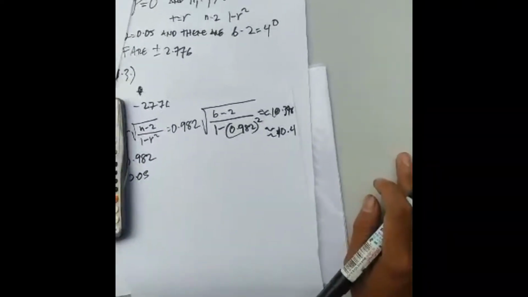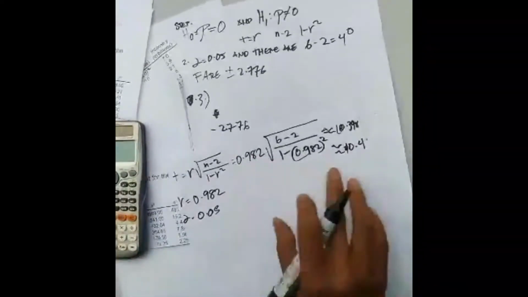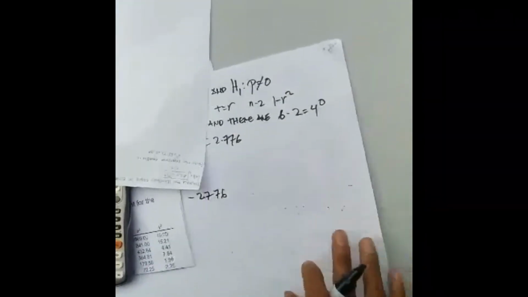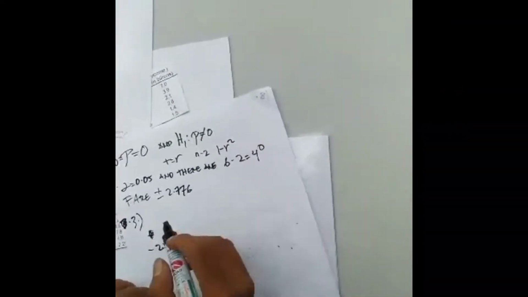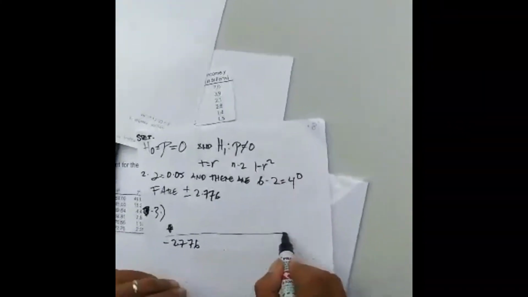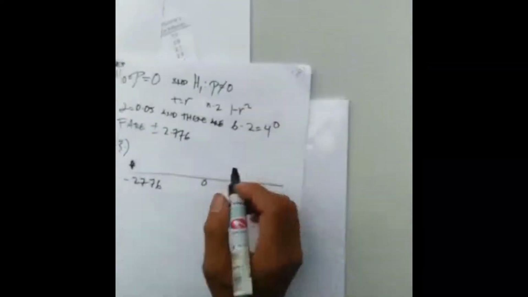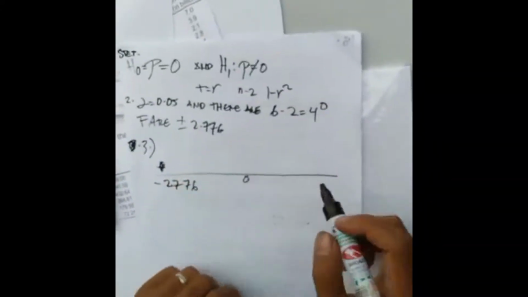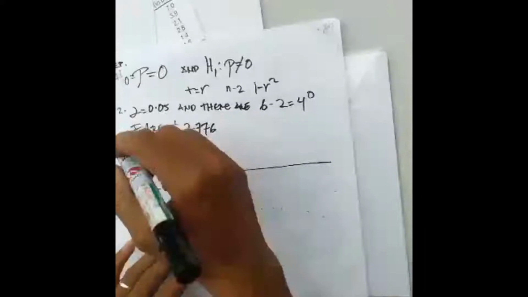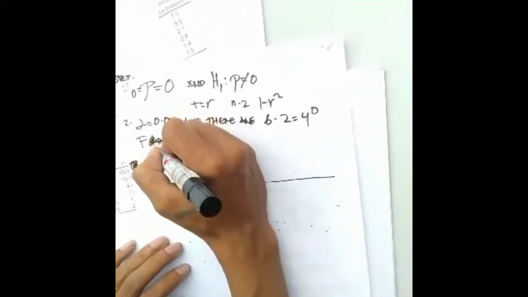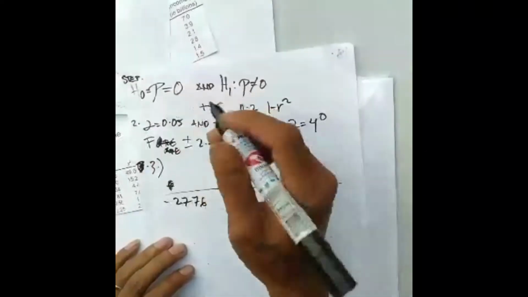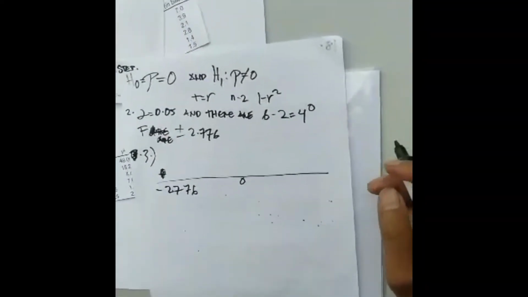Sabi yan, punta naman tayo sa step 3. Plot muna natin. So meron tayong positive, negative, ganito lang yan, 0. Ang critical value niya ay positive, negative 2.776.